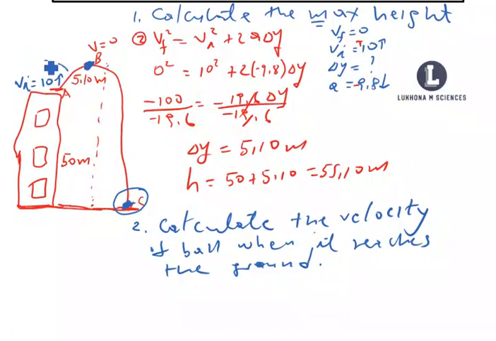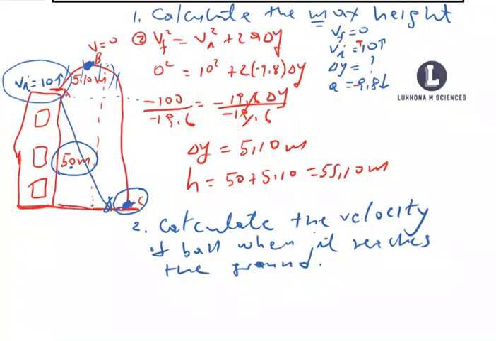We are given the initial velocity and the displacement or height. We are not interested in this side, right? From here to here is 50, and this 50 is below, which means go downwards. So this is the easiest way.